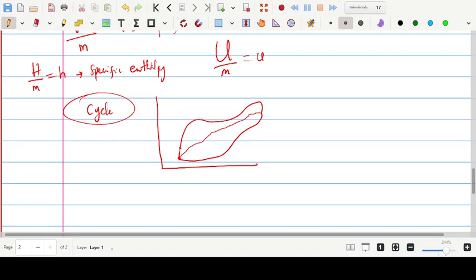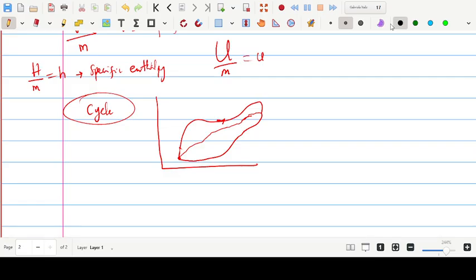So it moves like this, moves like this, comes here.